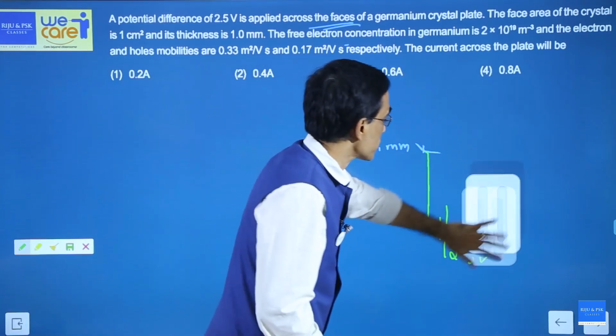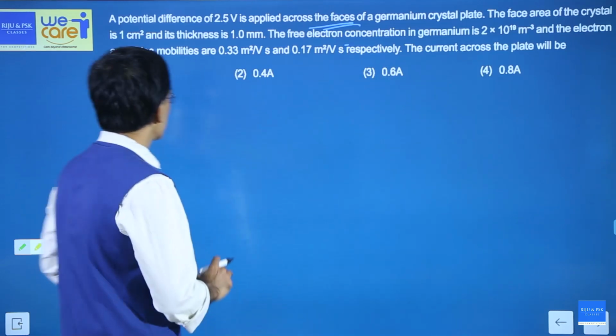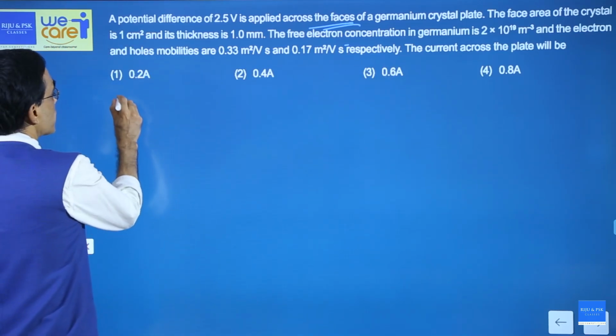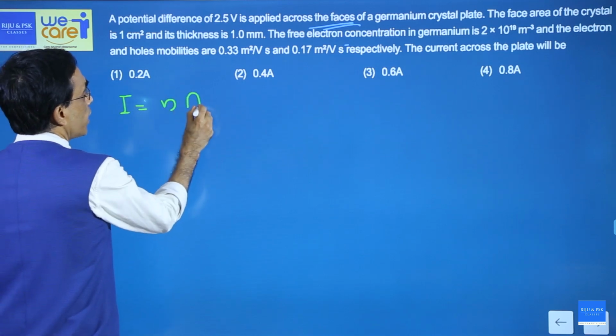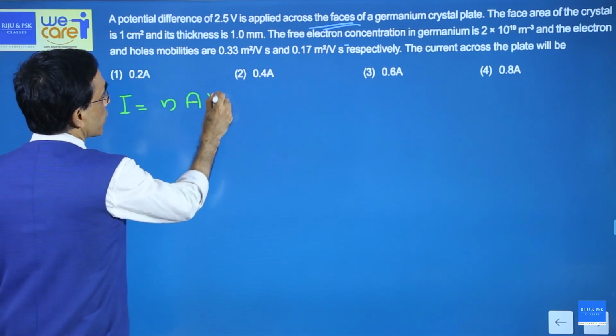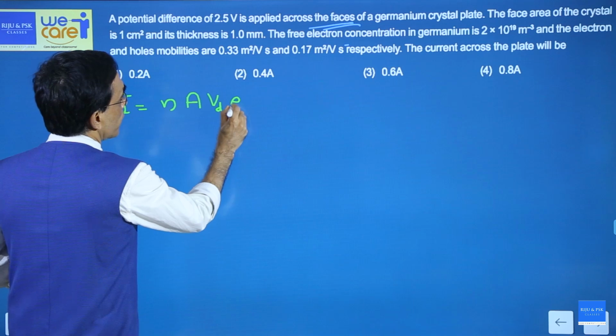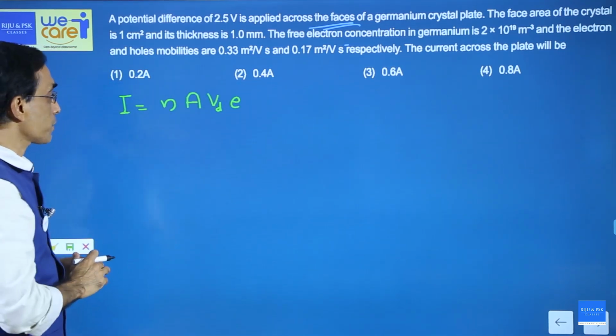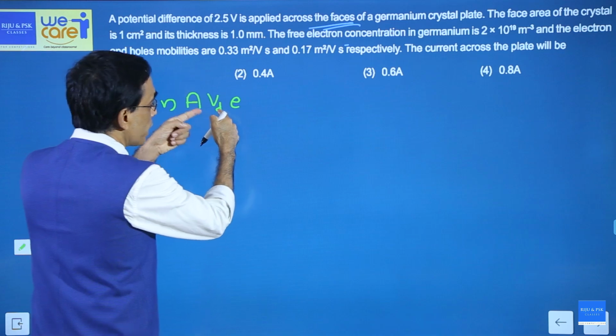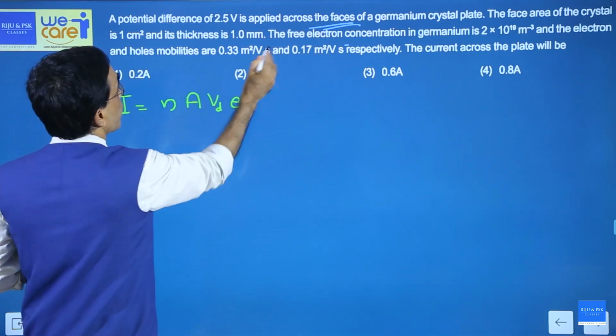Now how to find current? Carefully see this. Current in such cases is given by number density into area through which current flows into drift speed into charge of the carrier, N A v_d e, a direct equation from current electricity. But drift speed is not given here, mobility is given.